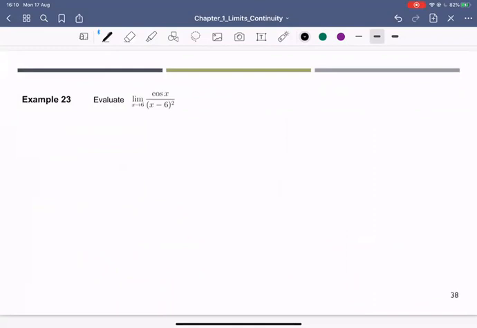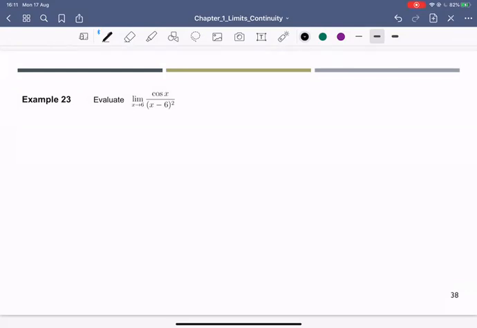Okay, example 23: evaluate the limit when x goes to 6 of cosine x over (x minus 6) squared. Someone sees cosine here, and maybe you are trying to use the squeeze theorem, right?